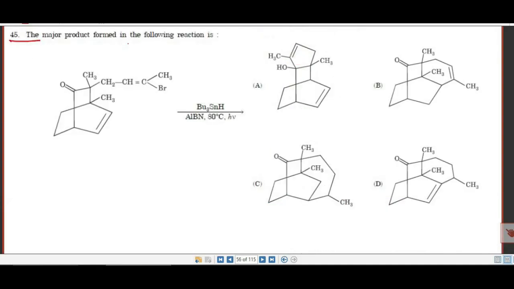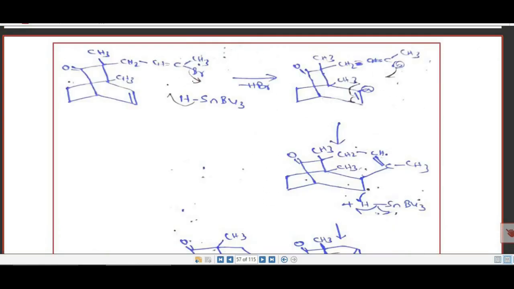Question number 45. The major product formed in the following reaction is... Bu3SnH, tributyltin hydride, and AIBN. Here what will be the product on cyclization? In this reactant, this bromine is cleaved and with H, minus HBr, we will get the product like this.